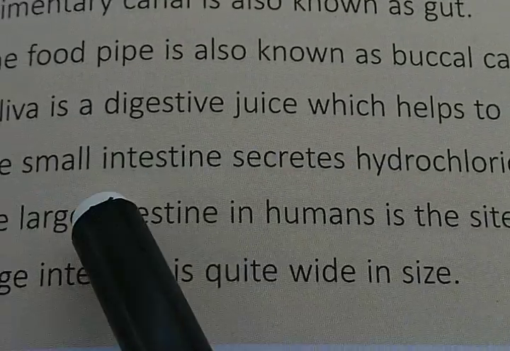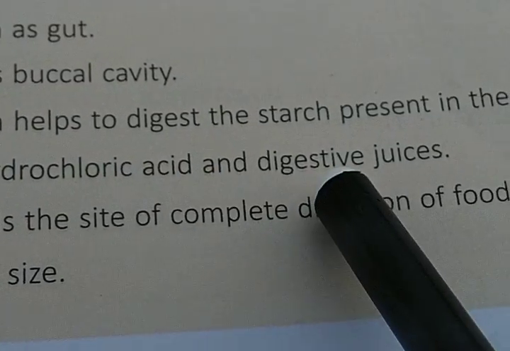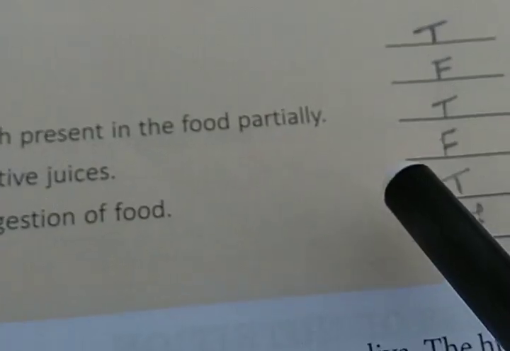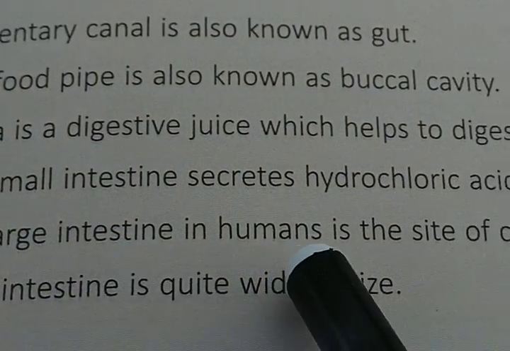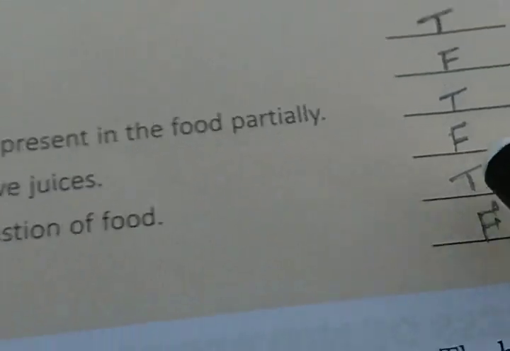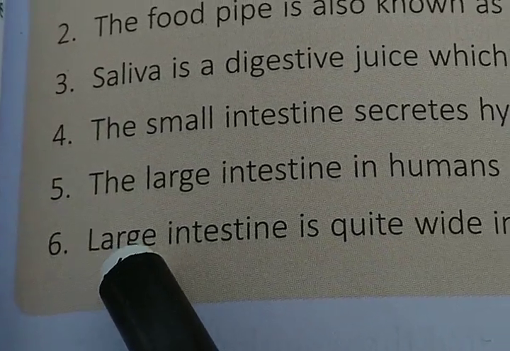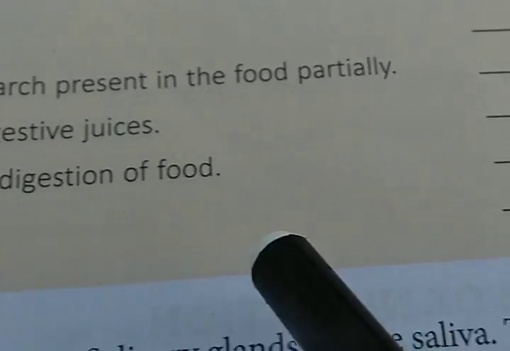True. The small intestine secretes hydrochloric acid and digestive juice. False. The large intestine in humans is the site of complete digestion of food. True. And the last one: the large intestine is quite wide in size.